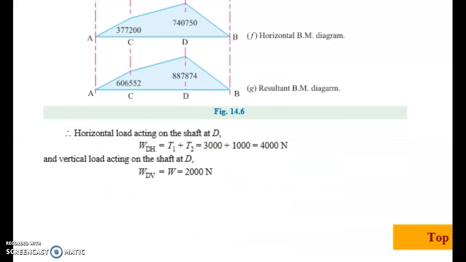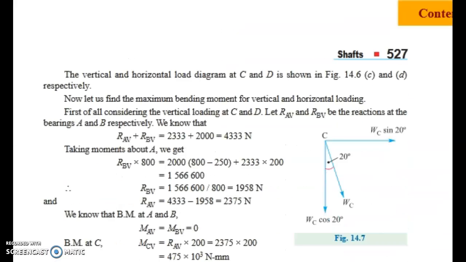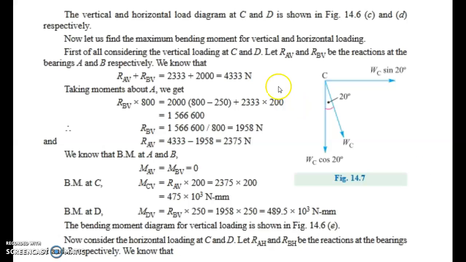Now we can find the value of the bending moment. How can we find the bending moment? For that we have to calculate the reaction loads at A and B for each horizontal and vertical load diagram.